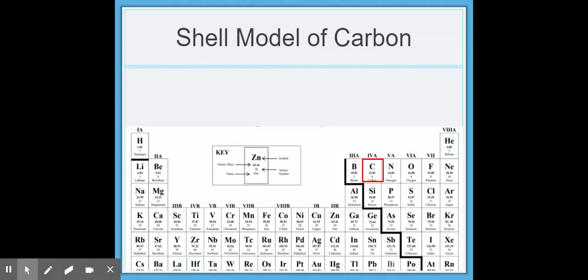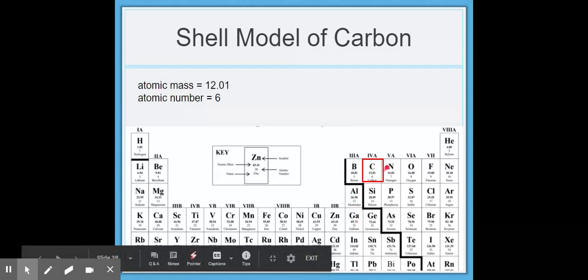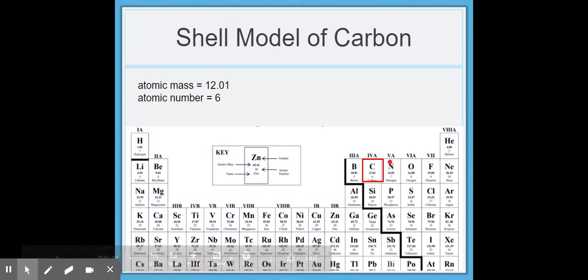But there are things we can take from the shell model that help us as we start to draw electron configurations. One of them is that we use the periodic table to find out how many electrons we have in an element. Say you want to draw the shell model of carbon. Carbon is in our red box here. It shows our atomic mass is about 12 and our atomic number is 6.